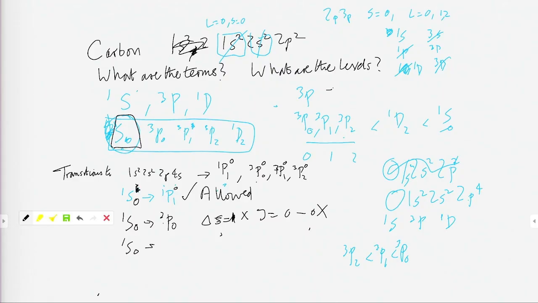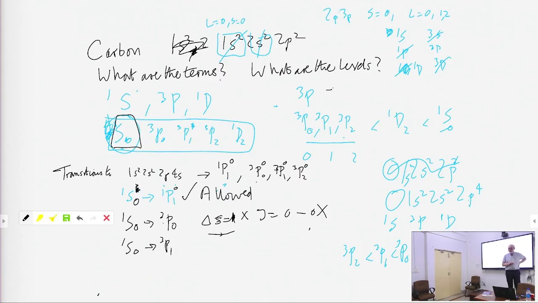So if we do the next one, where am I on the row? You're the next one in the line of fire. So singlet S0 to triplet P1. So where do you want to start? Spin, J, L? Spin, okay. Delta S is 1. Yep.